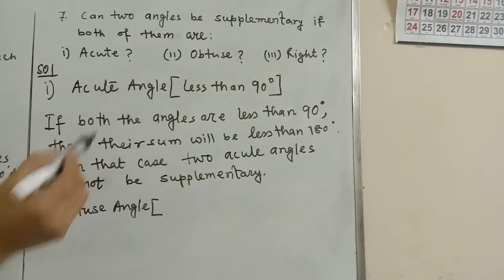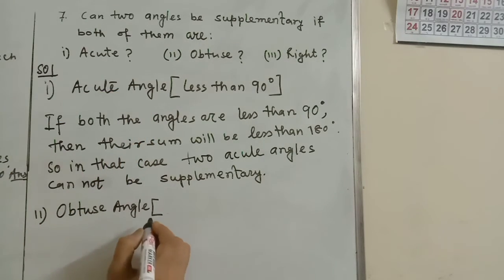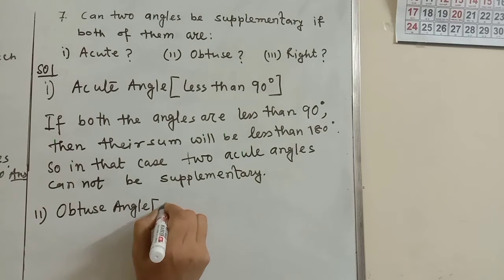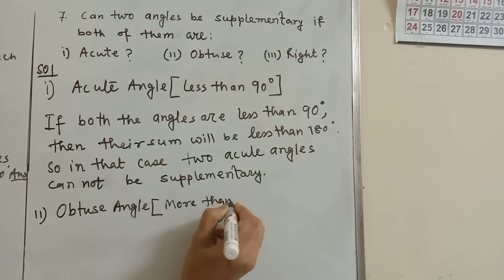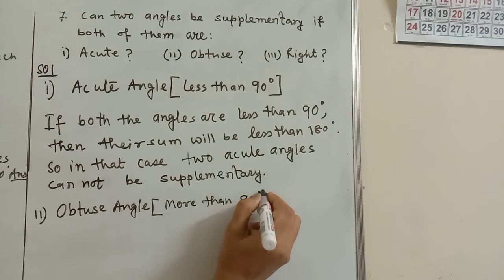Come to the next question, obtuse angles. Obtuse angle means more than 90 degrees.